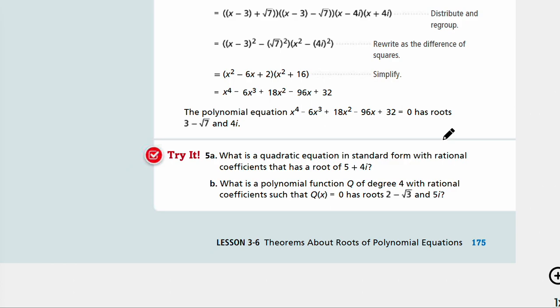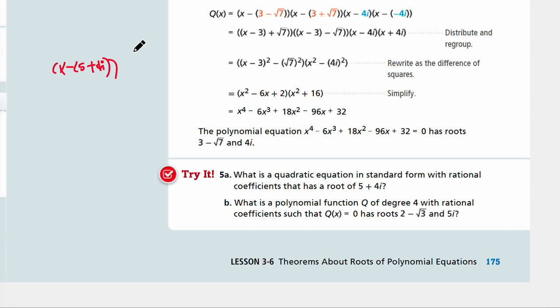Okay, are you ready? By the conjugate root theorem, we know that the conjugate of 5 plus 4i, which is 5 minus 4i, should also be a root. So for 5a, you need to figure out the two factors, x minus (5 plus 4i), and then x minus (5 minus 4i).